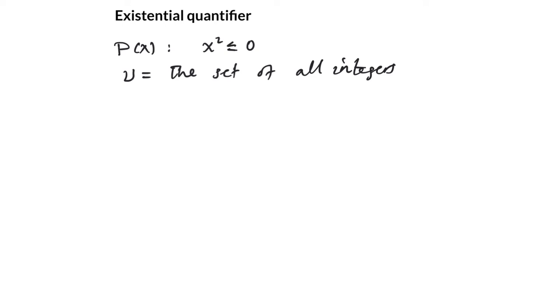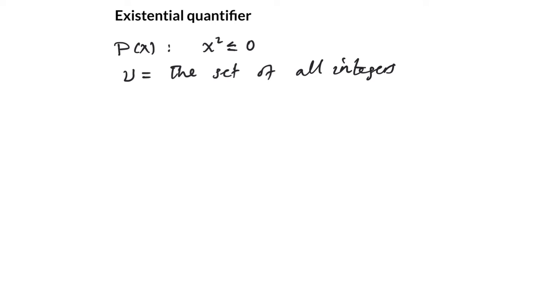If you take any element except 0, x squared can't be less than or equal to 0. The only number for which x squared less than or equal to 0 is true from this set is 0. So there is at least one element. This time 0 squared is equal to 0, hence it is true. So the existential quantifier is used to represent such an existence in a universal set.